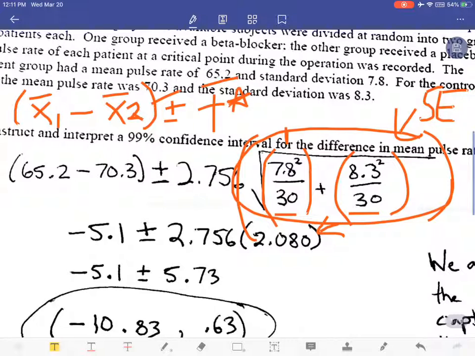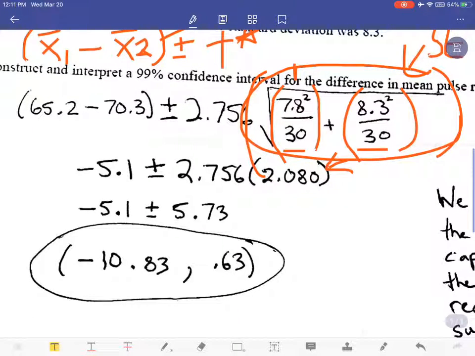And since we had the beta blocker first minus the placebo, that's essentially saying that on average, the beta blocker had a pulse rate that was 5.1 lower than the placebo. Or you think about the inverse of that, the placebo had a pulse rate that was 5.1 higher than the beta blockers.